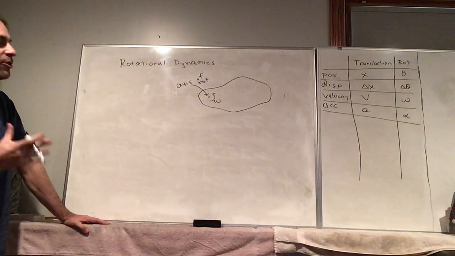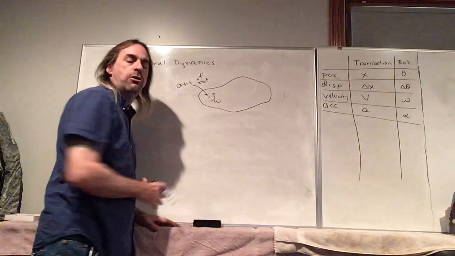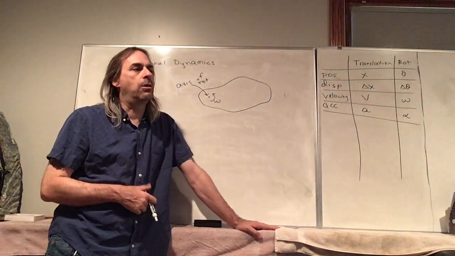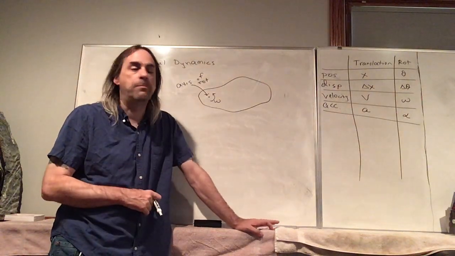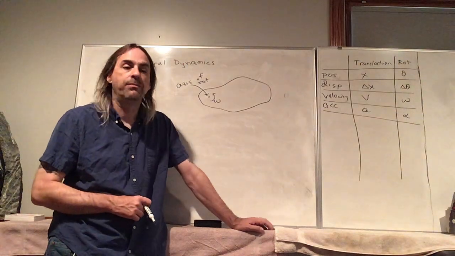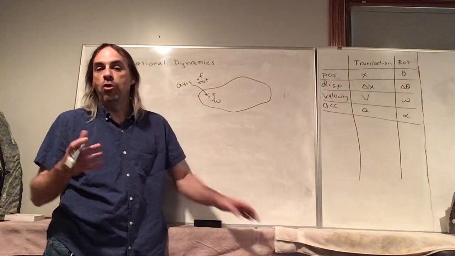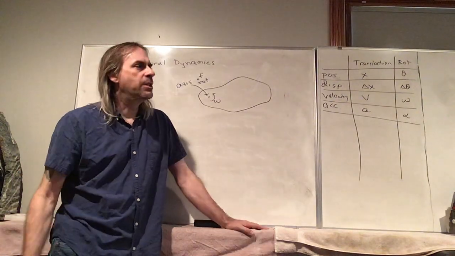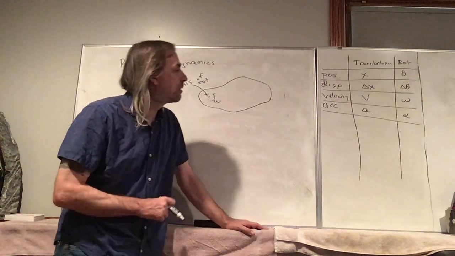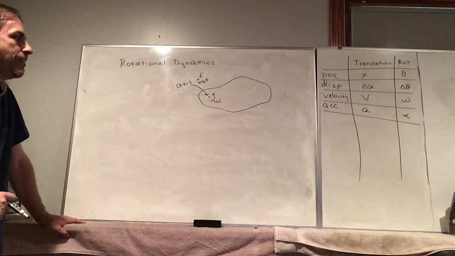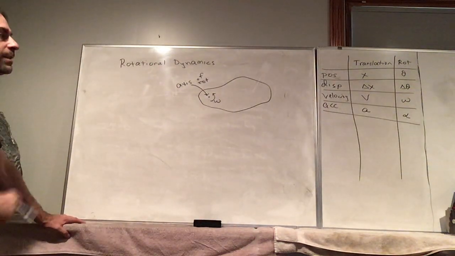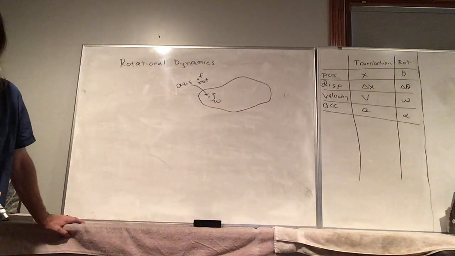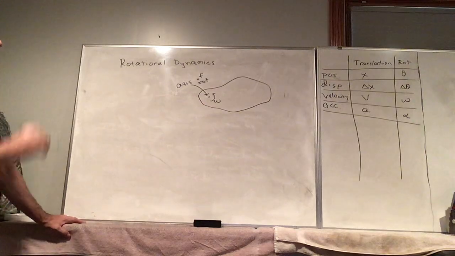And this is a rigid object, so that means it has a particular shape that doesn't change. Now, in reality, it's possible that the shape of an object could change as you rotate it. Like the Earth, for example, because it's rotating, it bulges out at the equator. So if you spin something really fast in particular, we're going to say just a rigid object, it maintains its shape and it just rotates together. Like the individual parts of this object do not move relative to each other.